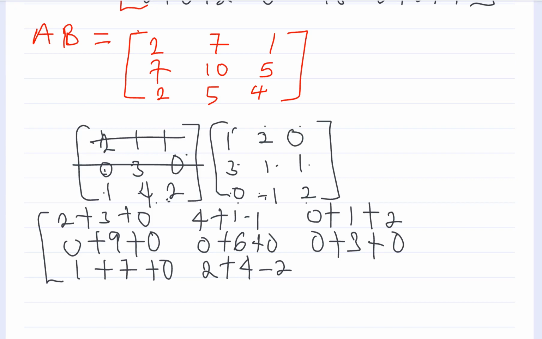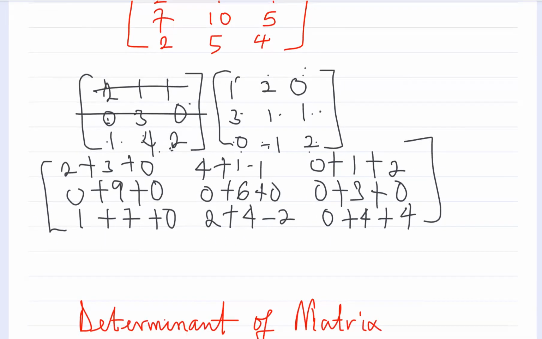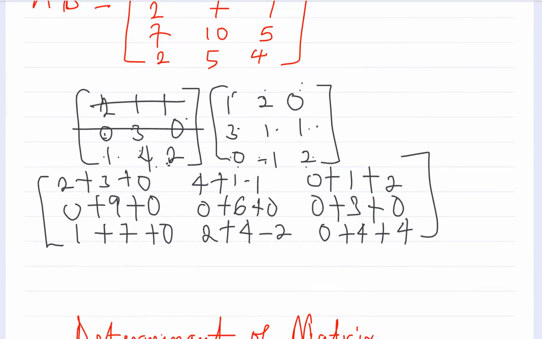Are you seeing that now? Then 1 times 0, 0, 4 times 1, 4, 2 times 2, 4. All right, so that means our what now?